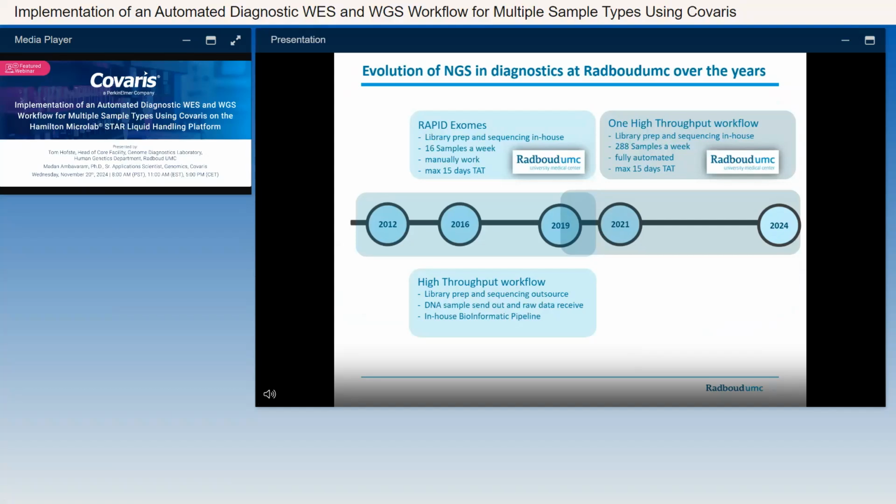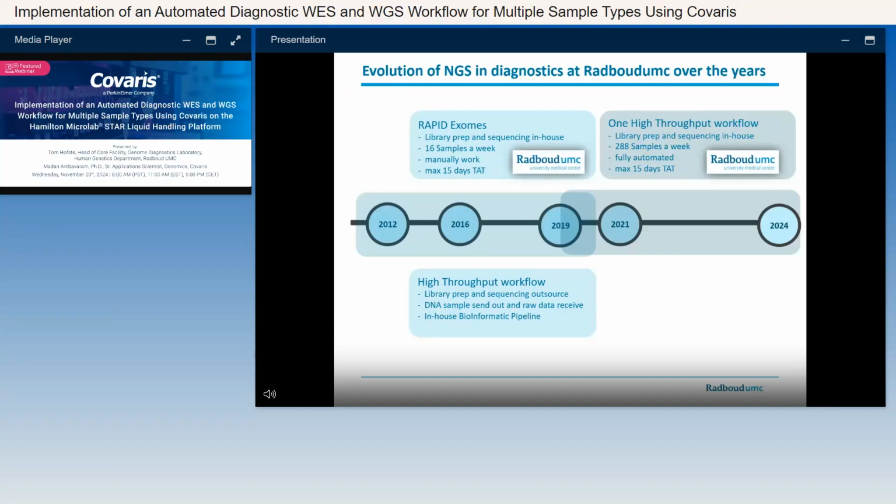Because we had a high throughput workflow from 2013 until 2019, and that workflow was library prep and sequencing, we outsourced our samples to another center. We sent out our DNA samples and we received back raw data. An in-house pipeline did the analysis in our hospital.